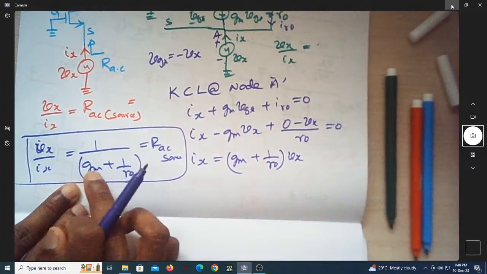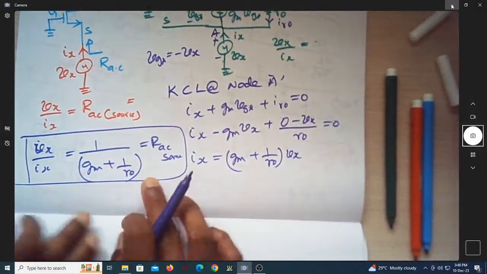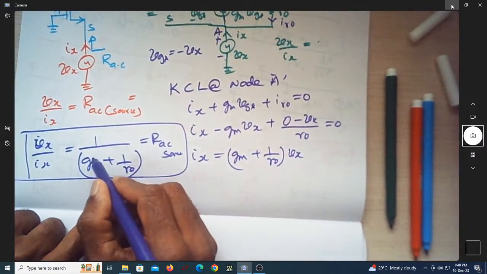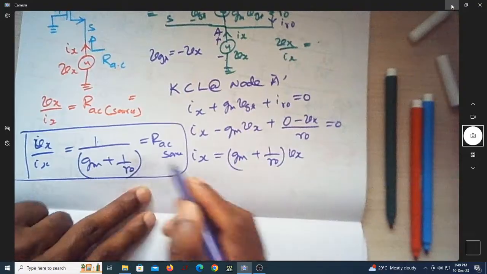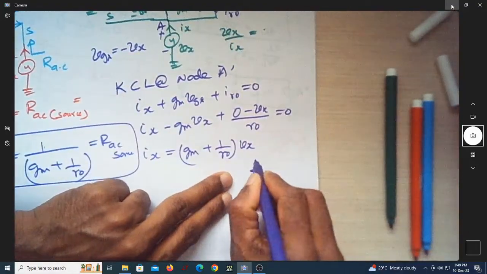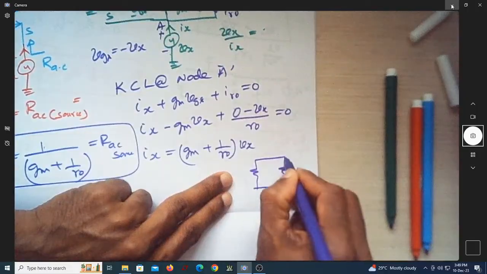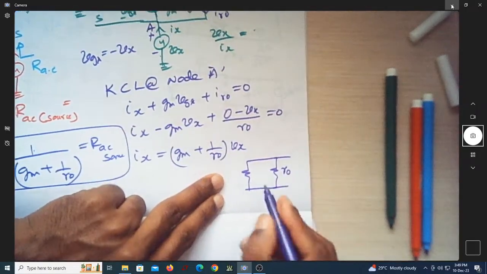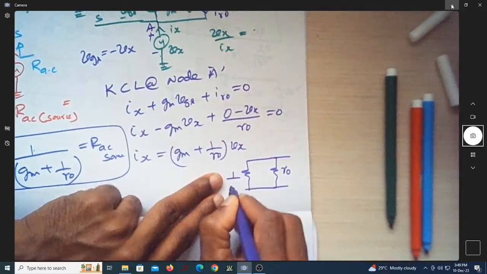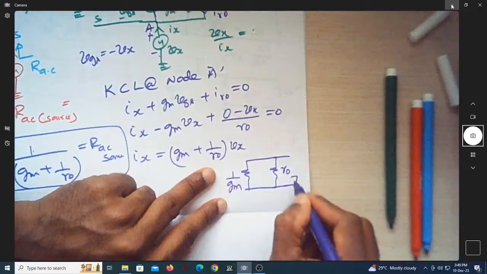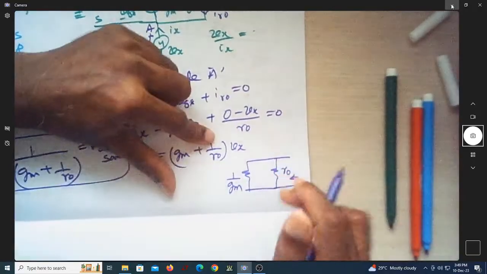So of course this is the entire value. If you can carefully see this, this 1 over gm plus 1 over R0 is actually like having these two resistors in parallel. Assume that this resistor is of value R0, and this resistance is of value 1 over gm. Can we actually find out what is the resistance of this parallel combination?